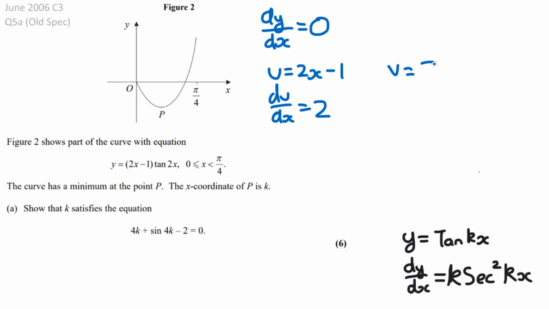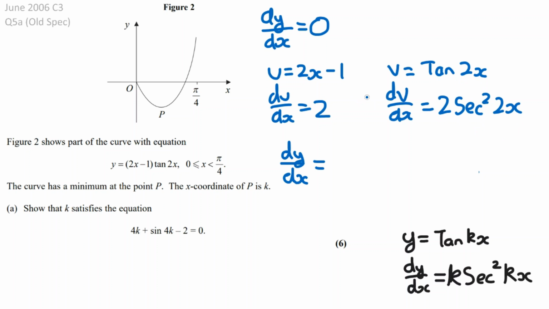That means v is equal to the other function, which is tan of 2x. Therefore dv over dx: if you look in the formula booklet, if y is equal to tan of kx, then dy over dx is equal to this. So when k is equal to 2, dv over dx is going to be 2 sec squared of 2x.